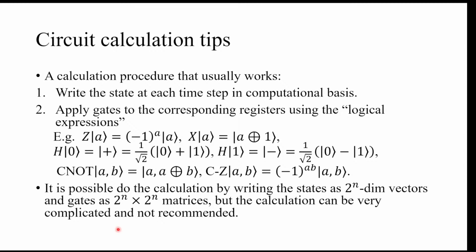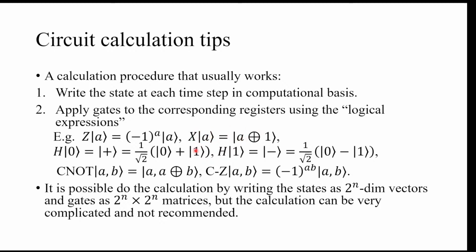And yeah, so let's say we have this circuit calculation tip. To do circuit calculations, usually doing the computational basis calculation makes things a bit easier. You rather stay always in the computational basis and just think about what each gate will do to a computational basis state. So Z on A gives you (-1)^A A, and X on A will be A+1, so you flip A between 0 and 1.